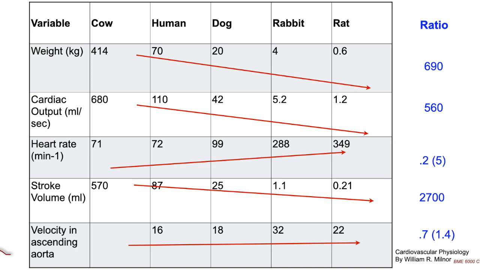I mean, there's some variability, but it's not dramatic compared to how different the stroke volume and the cardiac output are. So it's always useful to think in terms of these numbers and realize that at some point we have to reconcile our understanding with these macroscopic observations that arise across different animal species.